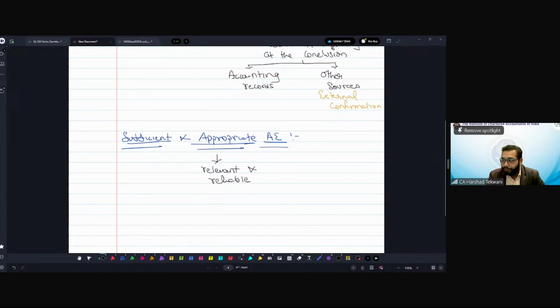The answer is no. So the quantity of the audit evidence required to satisfy the objective of the testing is what is called sufficiency. In a nutshell, we call it the quantity of the audit evidence. And when I talk about relevant and reliable, it is nothing but the quality of the audit evidence.